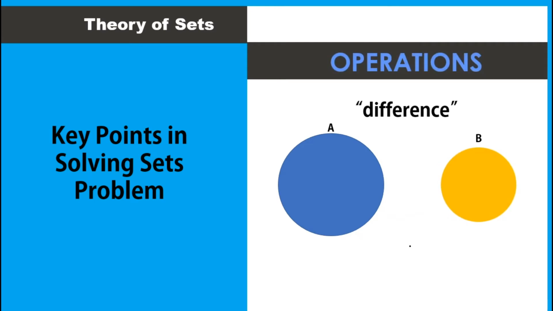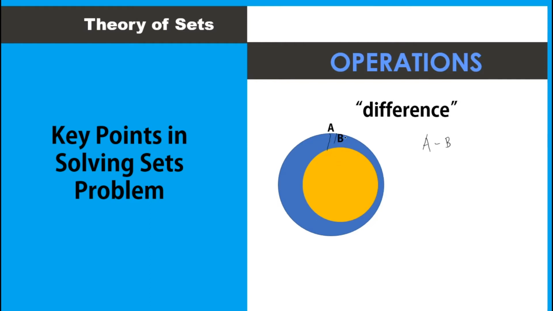Another operation involved in sets is the difference, which is the minus. For example, with two sets, we have A minus B. The difference between A and B means the elements that are in A but not in B. We can interpret that in this figure: A minus B is this portion.